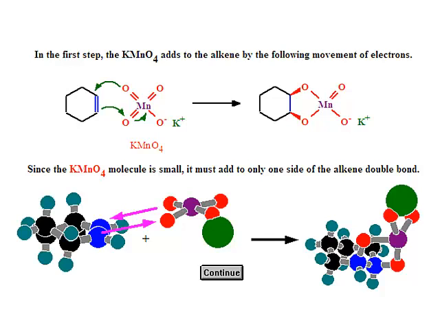The manganese atom gains 2 electrons. That's GER of the LEO the lion goes GER. GER is gain of electrons, reduction. So manganese undergoes reduction. That must mean the other molecule undergoes oxidation, and it does, because it gains oxygen.